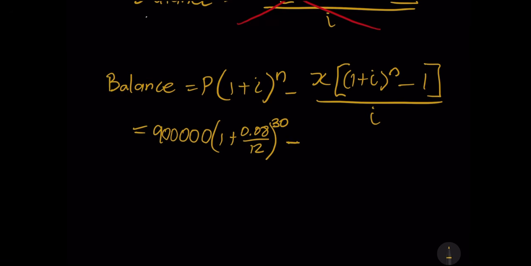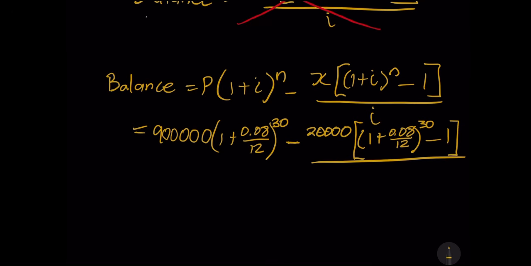Minus, now remember, he's not paying the 18,000, he's paying the 20,000 rands. So this is 20,000 times ((1 plus 0.08 over 12) to the power 30, minus 1), divided by 0.08 over 12. This is how we obtain that outstanding balance.